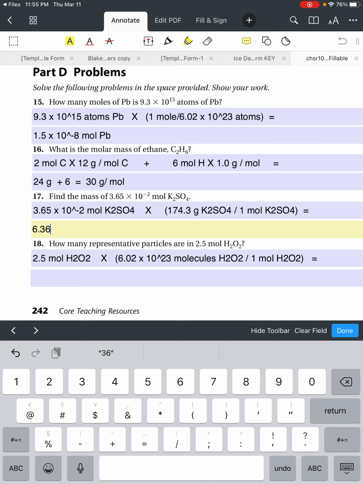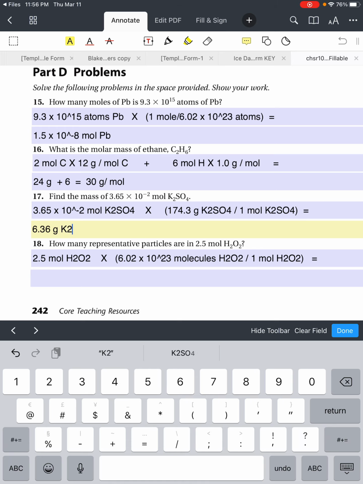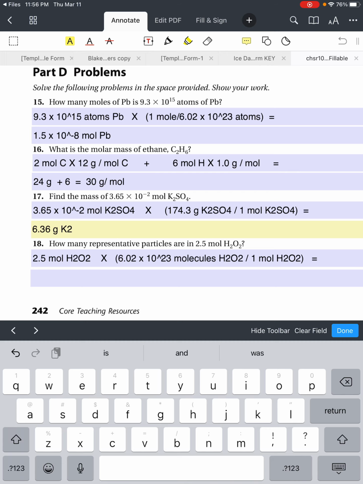So for numbers between 1 and 10, or even 0.1 and 10, we don't have to put in scientific notation. The answer is 6.36 grams of potassium sulfate, K2SO4, of course that 2 should be a subscript.